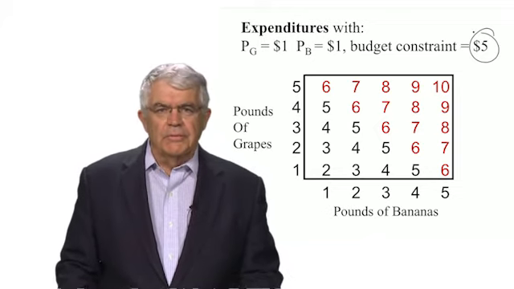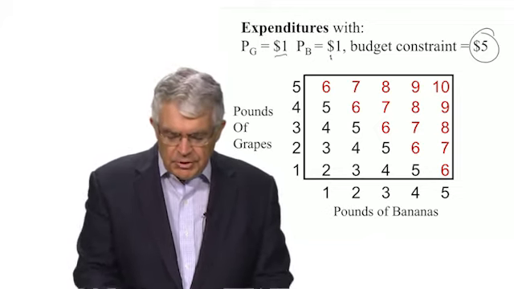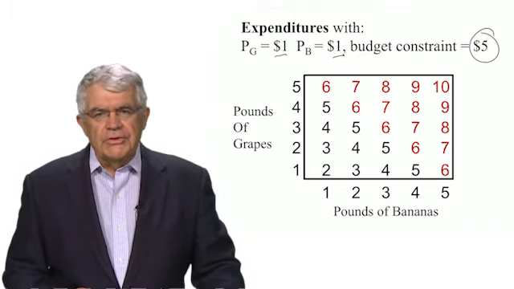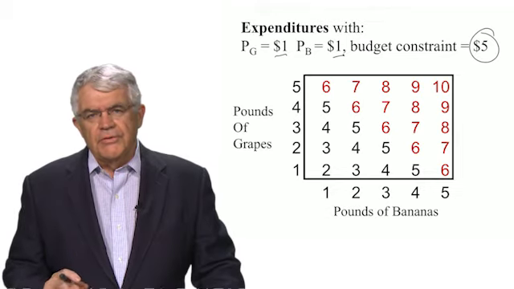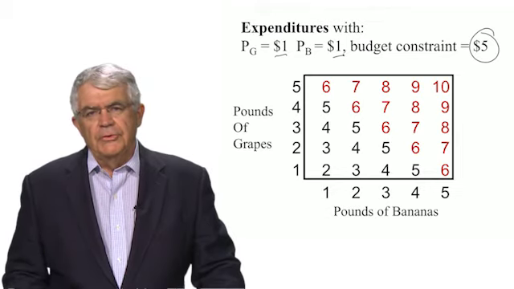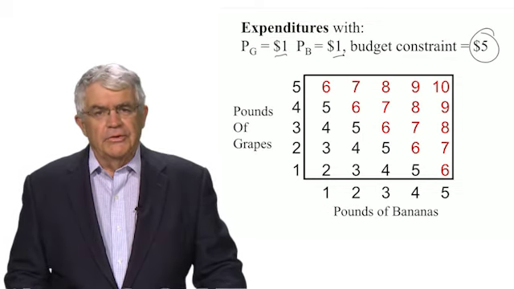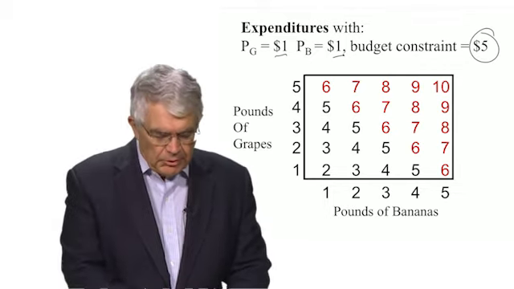Prices are still the same, $1 for grapes, $1 for bananas. And now because there's less available to spend, there's fewer possibilities. So now all the red things are higher than $5, not higher than $8, higher than $5. So those are going to be off limits, and we can't consume those.